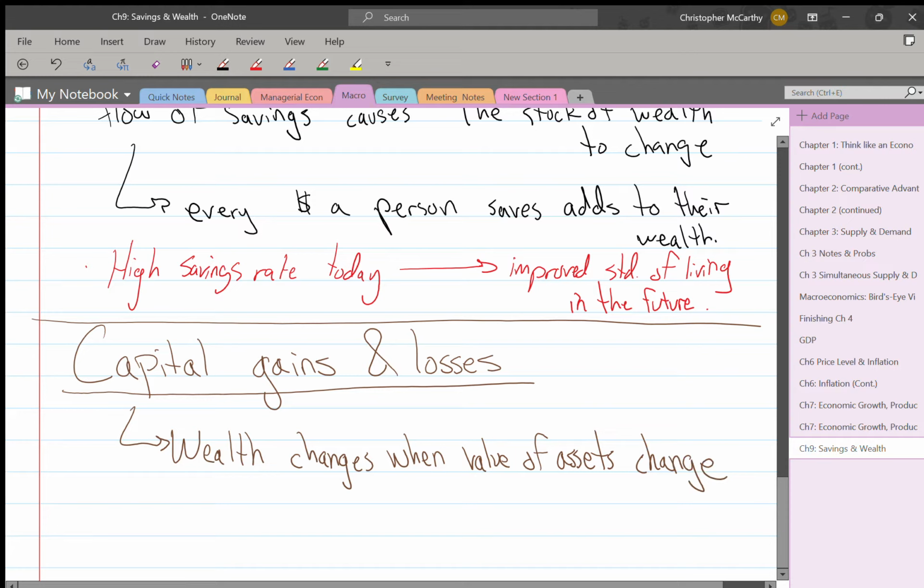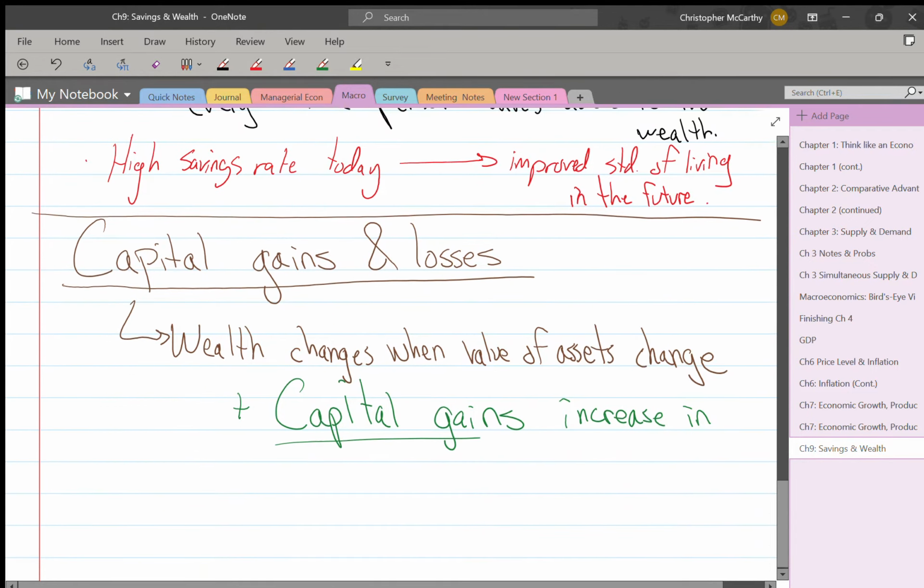When it's positive, we're going to call that capital gains. Capital gains is an increase in the value of existing assets.